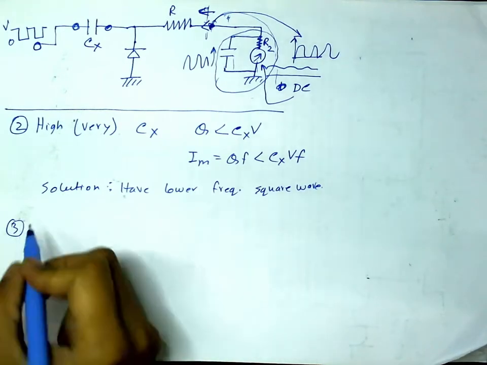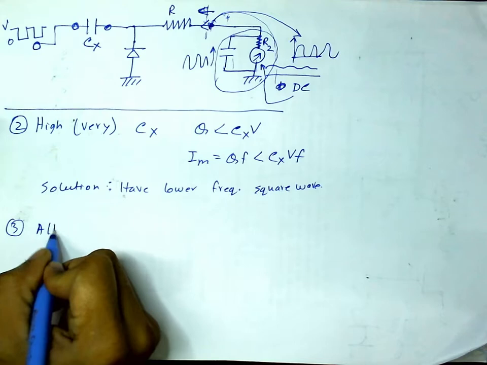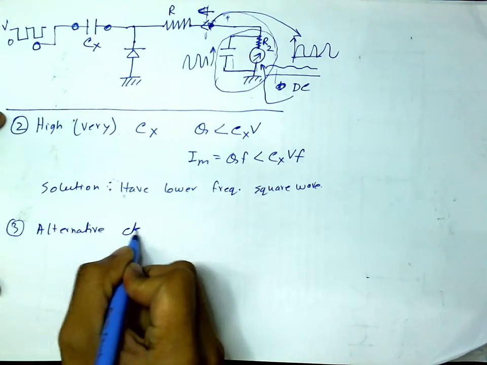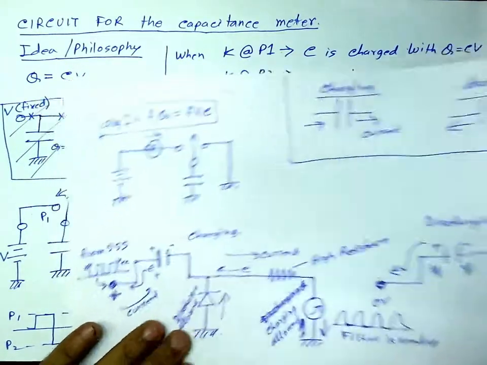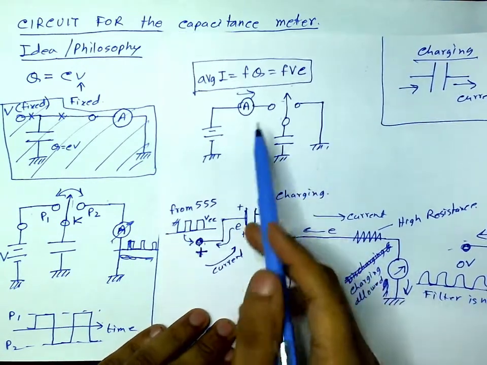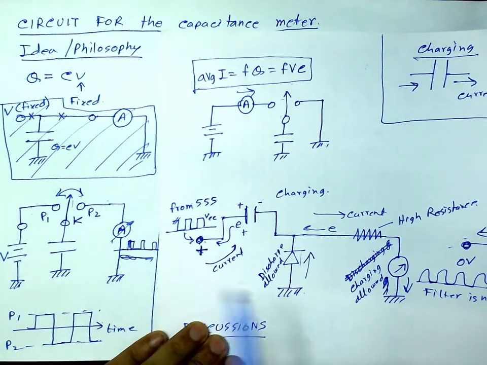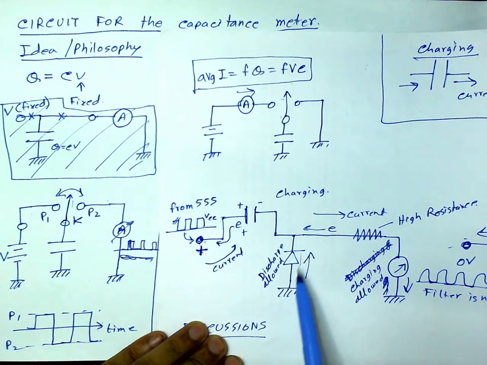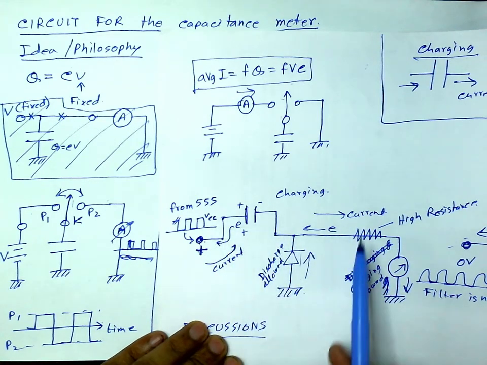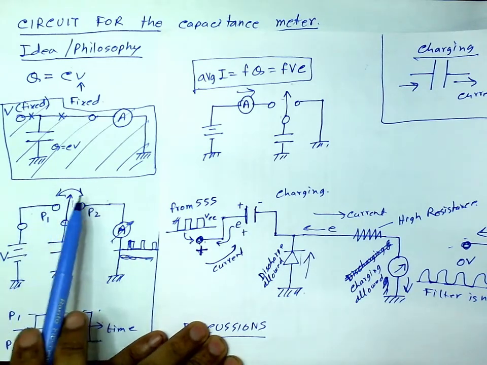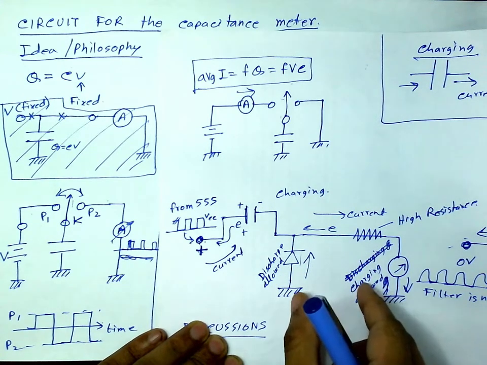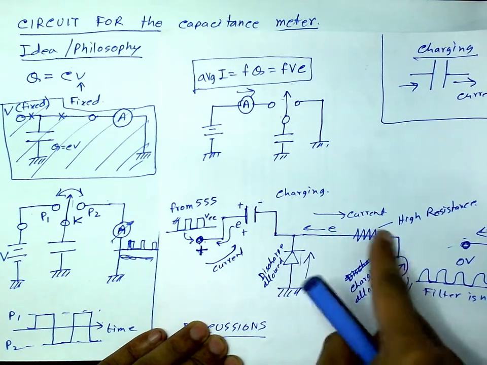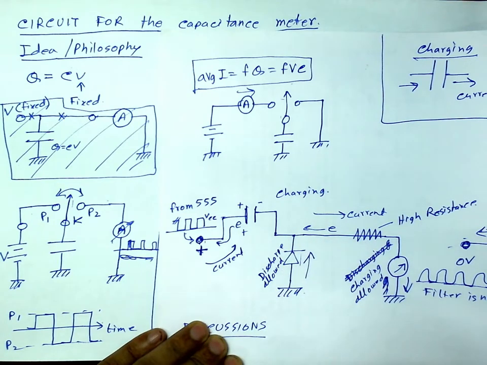Finally, you can come up with alternative circuits. Think if you can come up with alternative circuits, maybe with the same underlying philosophy. We have two schemes, like putting the meter here or here, and then the next scheme that we finally used, where there is no real switch alternating between charging and discharging, but the diode and this resistance make it possible to have two different paths for charging and discharging.